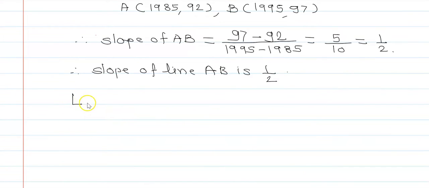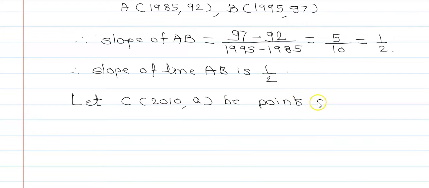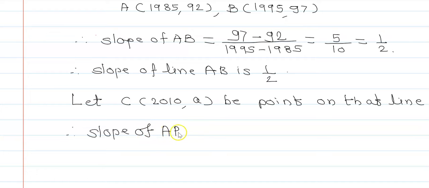Now next, find what will be the population in year 2010. Let C be the point (2010, a), and A, B, C are points on that line. Therefore, the slope of AB is equal to the slope of BC.